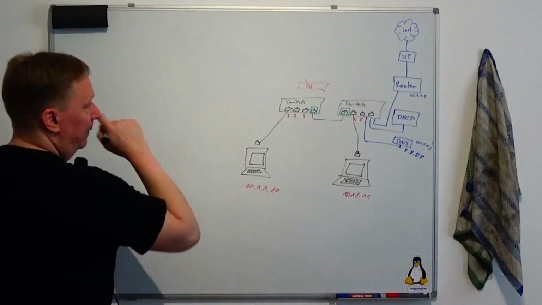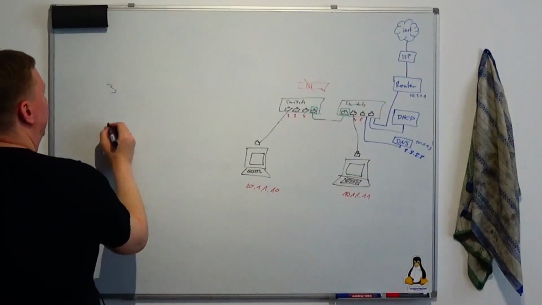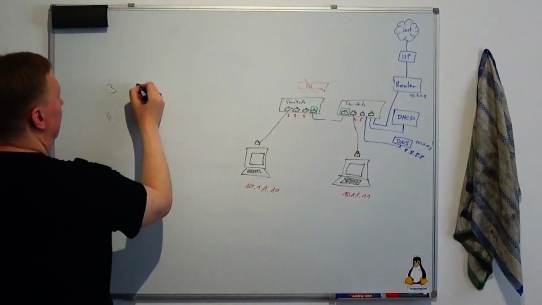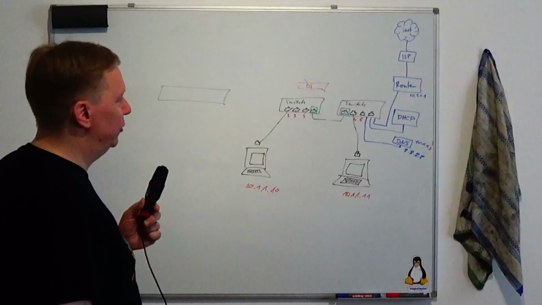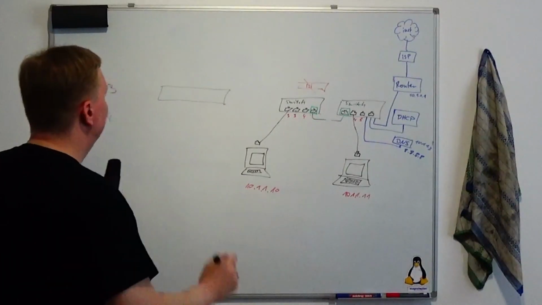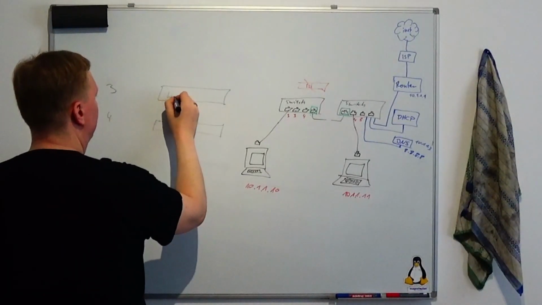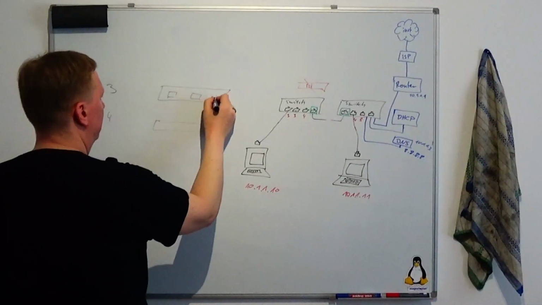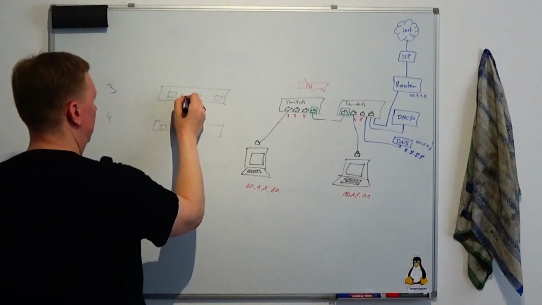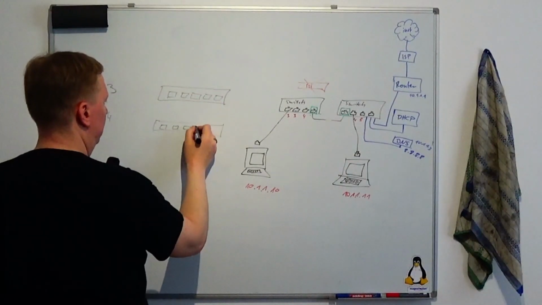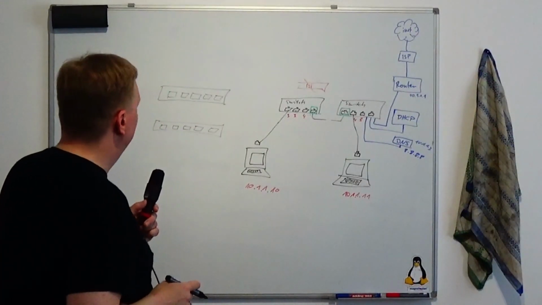Okay, so you would have your VLAN 3, your VLAN 4, which would somewhat correspond to one huge switch that spans across your entire company. At least that makes things easier.